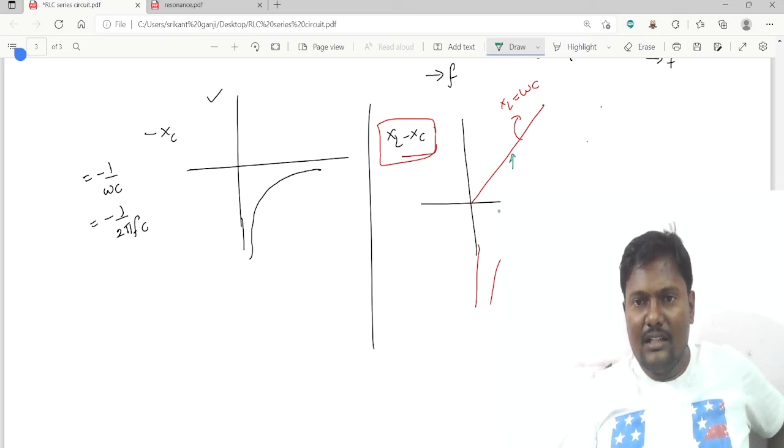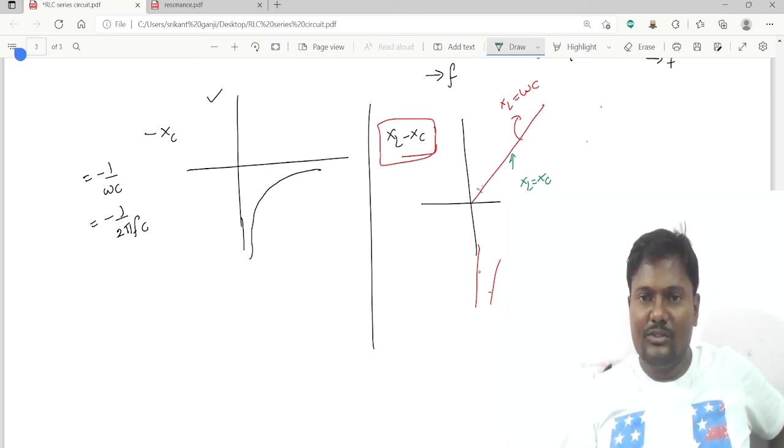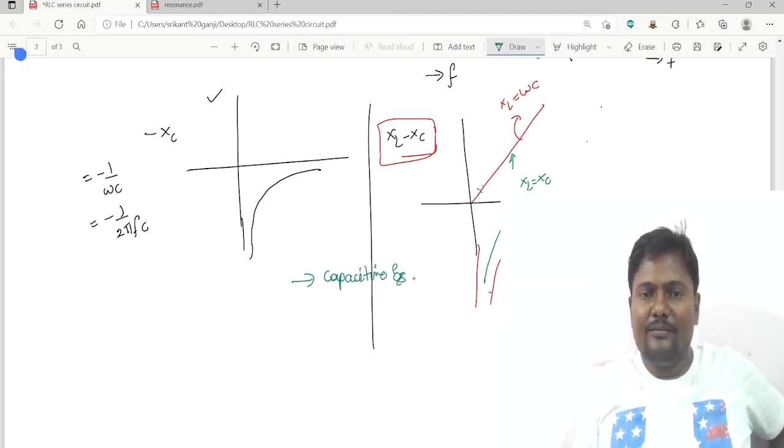At a particular frequency, the XL value is equal to XC, and this is called the resonance condition. Before that, the negative value is far greater than the positive value, so I am getting a negative value. So below the resonant frequency, the circuit acts as a capacitive circuit, or capacitive reactance is dominating.